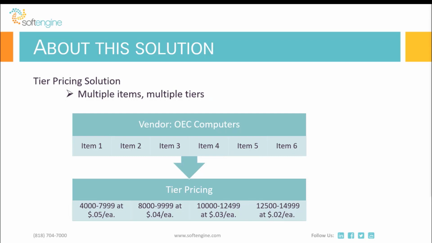In this window, all the items which the tier pricing should apply to are also entered along with the quantity ranges for which the discount should apply. After the tier pricing window and its related data are added, the tier pricing will scan the applicable purchasing documents whenever they are added or edited and apply the discounts.